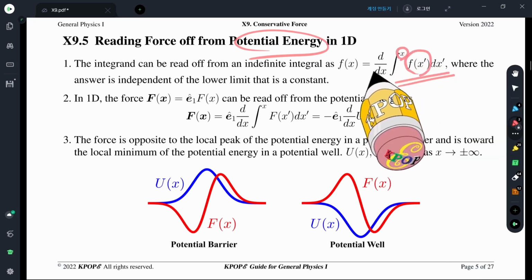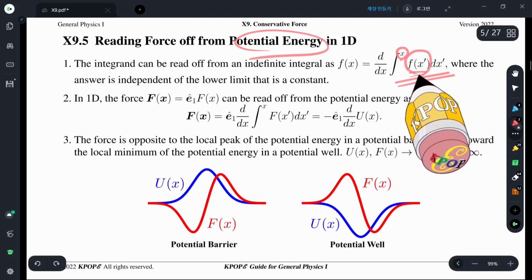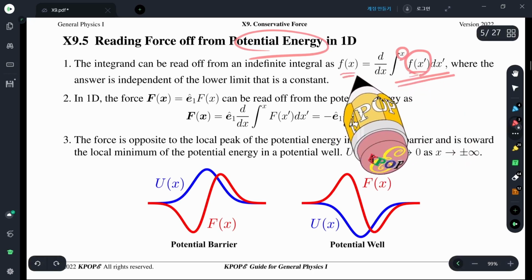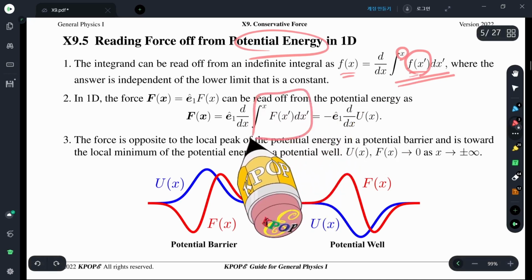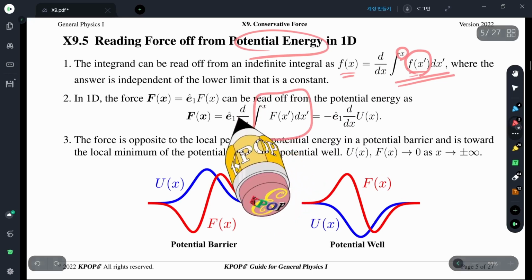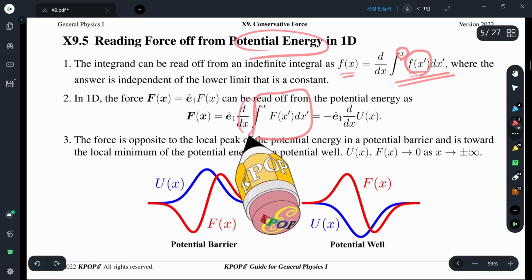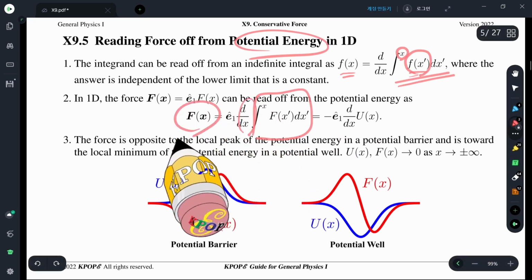Then we can take the derivative to find the integrand again. This is a trick. So this is the negative of the potential energy. And if I take the derivative, what I get is the force along that direction. This is true for two or three dimensions.